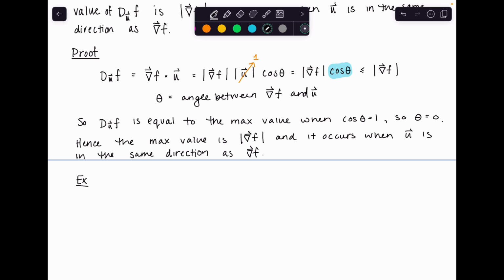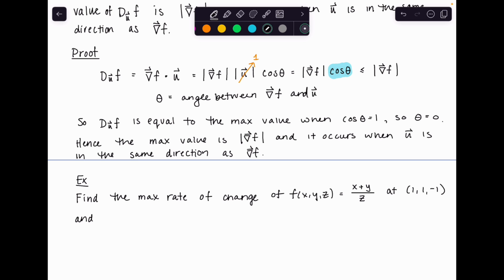So I'll give you an example utilizing this. We are going to find the maximum rate of change of the function, which is going to be a function of x, y, and z, f of x, y, z equals x plus y divided by z, at the point (1, 1, -1).